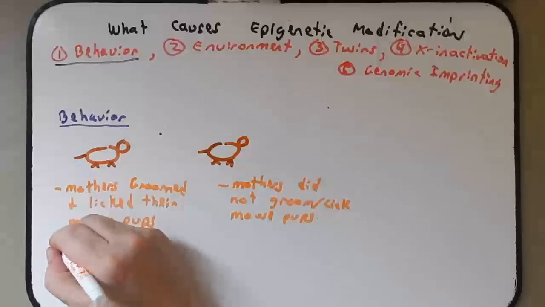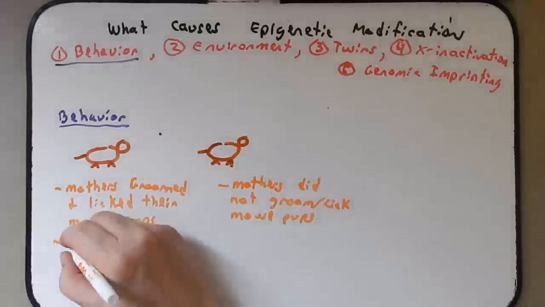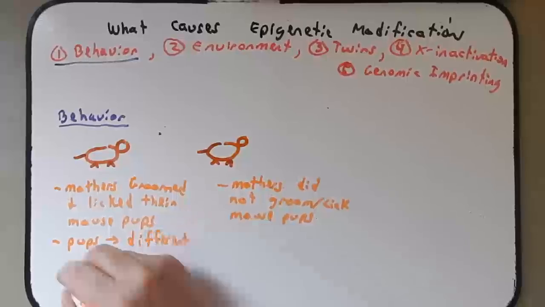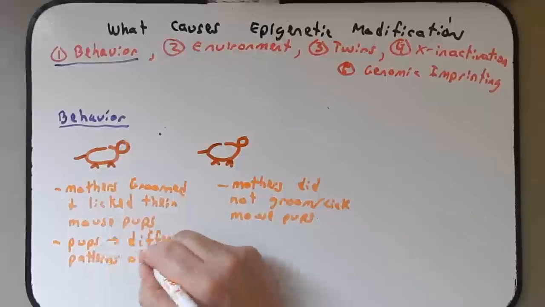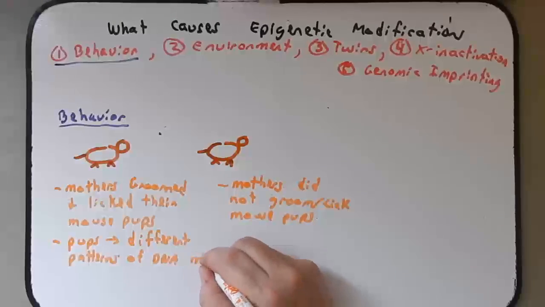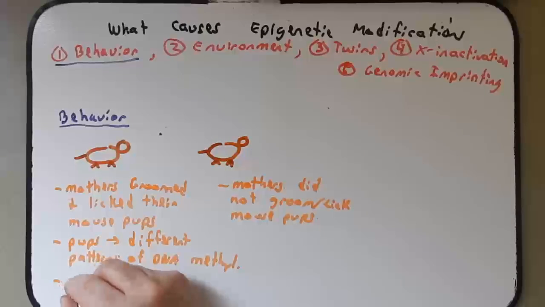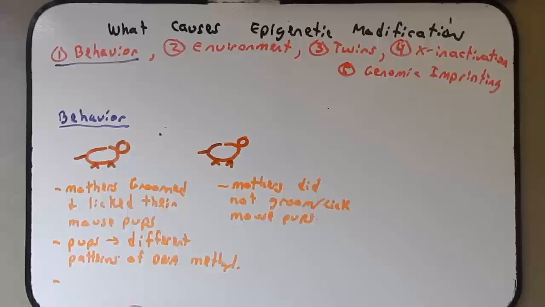And what they discovered was when they looked at these mouse pups, the pups here had different patterns of DNA methylation compared to the pups who came from the mothers who did not groom or lick the pups. This ultimately affected the expression of genes that allowed these pups to deal with stress better.